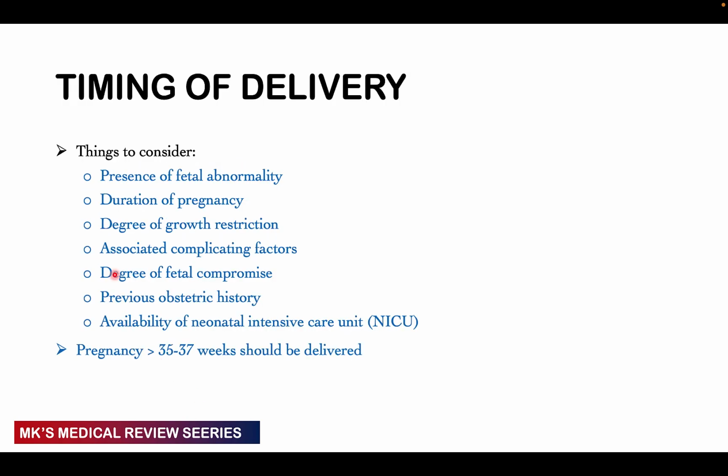So for the timing of delivery, you should consider certain things: the presence of any fetal anomalies, the duration of the pregnancy, the degree of growth restriction, any associated complicating factors, the degree of fetal compromise, any previous obstetric history, and availability of NICU services. Generally, any pregnancy that is above or between 35 to 37 weeks, you should aim to deliver this woman.